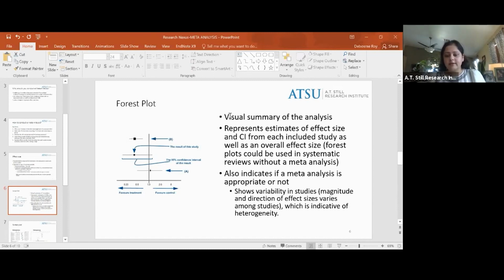Usually the data is very heterogeneous, as you can tell. It's very intuitive. A meta-analysis is not the best method to provide evidence, because you won't get a very reliable summary estimate.